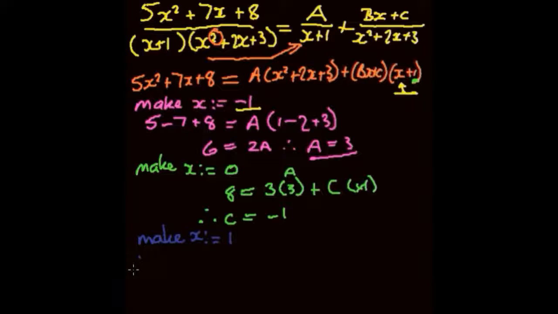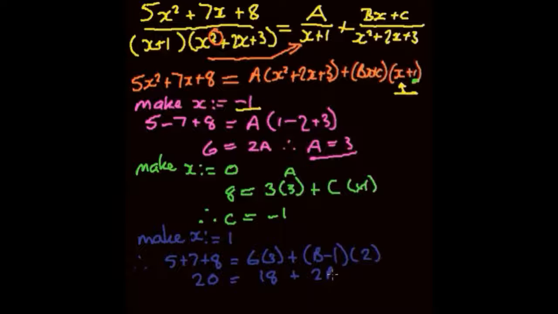So now I've got 5 plus 7 plus 8 equals 6 times 3 plus b minus 1 times 2. And you can do the sums yourself. You'll find that that comes to 18: 3 6s are 18, plus 2b minus 2. And the bottom line for this is that b is going to equal 2.